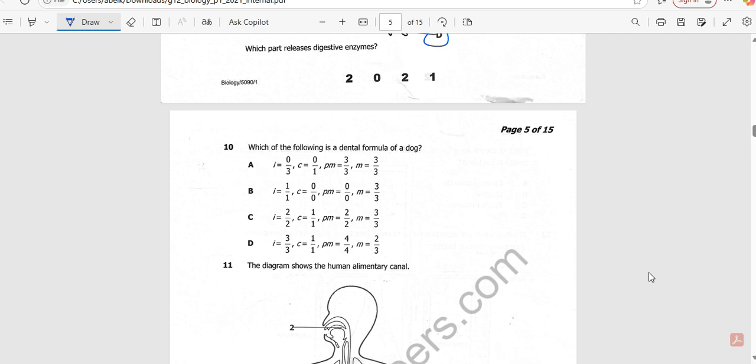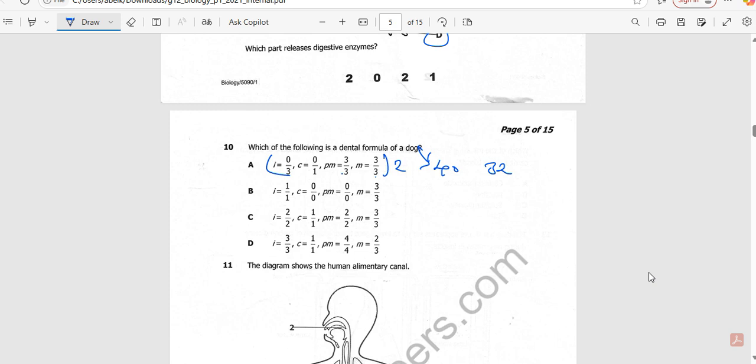For example, if I want to know the total number of teeth here, I add this plus this plus this plus this, then I multiply by 2, then I'll get that answer. Then this plus this plus this plus this, I add them and multiply by 2, then I add the total part. So a dog has 40 teeth, then humans have 32.